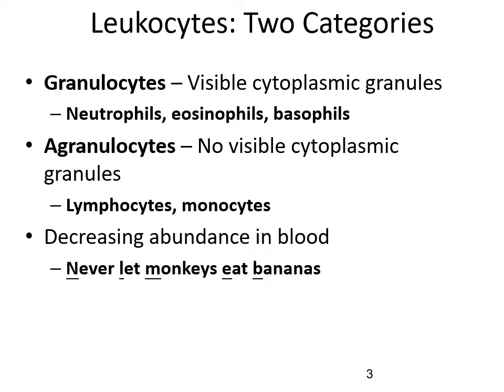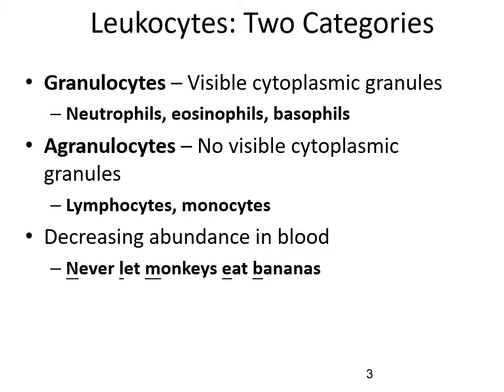Now, there are two categories of white blood cells. There are cells that have granules in their cytoplasm, and these are called granulocytes. These have visible cytoplasmic granules, and there are three populations of granulocytes. They are called neutrophils, eosinophils, and basophils.